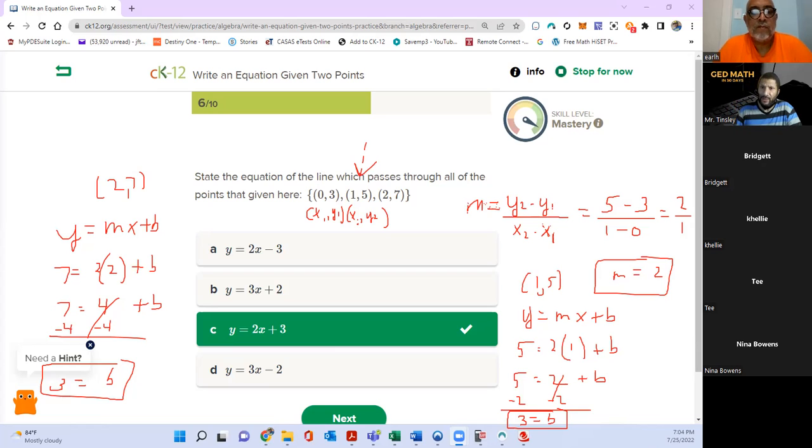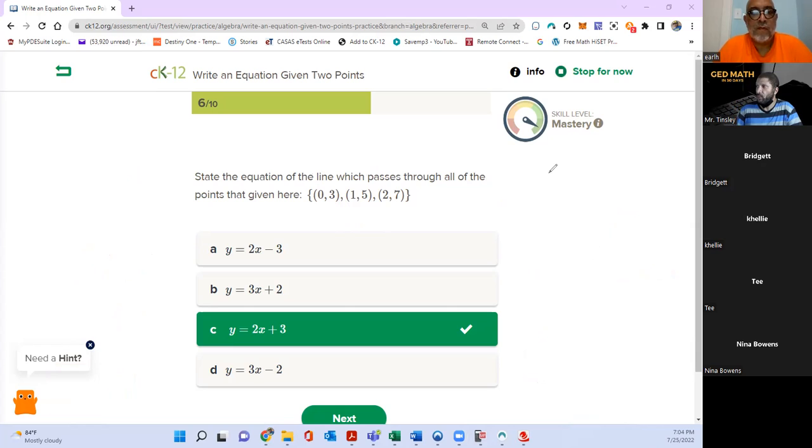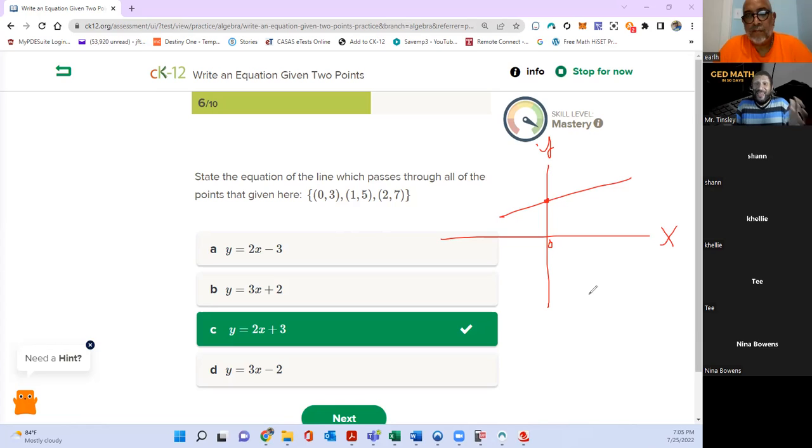Let me prove it to you. Let me draw it, because sometimes people need to see things drawn. This is my x, this is my y. At this point, what's my x? 0. Yep, 0. So if you have any point, I don't care what it is, if it's 0, -3, my y-intercept is -3.